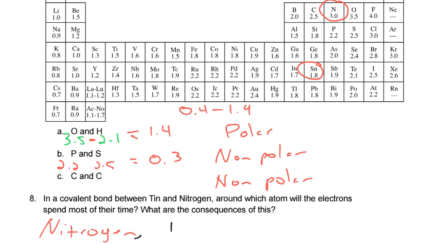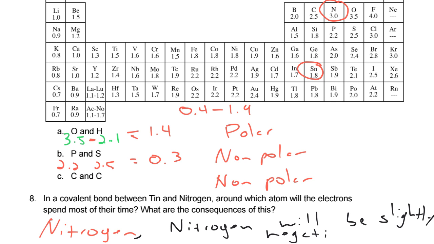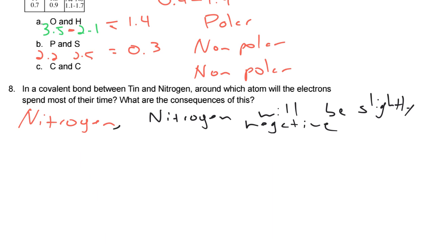We can say nitrogen will be slightly negative. We could also say we create a dipole. So this bond will kind of act like a magnet with the nitrogen end being negative and the tin end being positive.